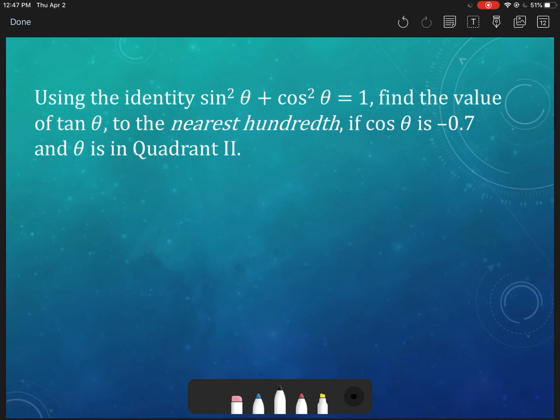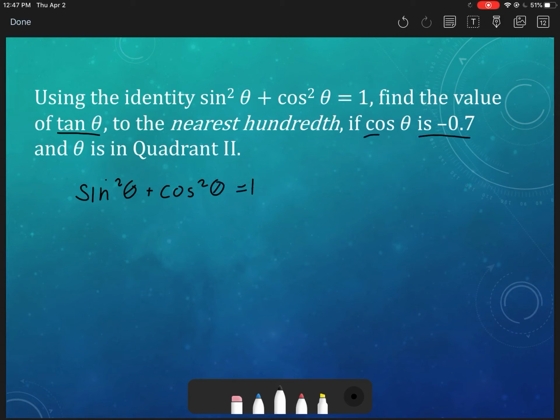Now, using this identity, we're going to find the value of the tangent of theta to the nearest hundredth if cosine of theta is equal to negative 0.7 and theta is in quadrant 2. Okay, so a whole lot of information here. Let's start with sine squared theta plus cosine squared theta equals 1.